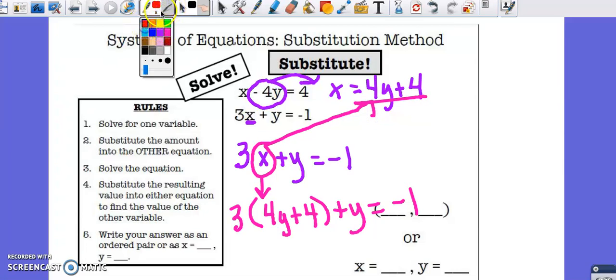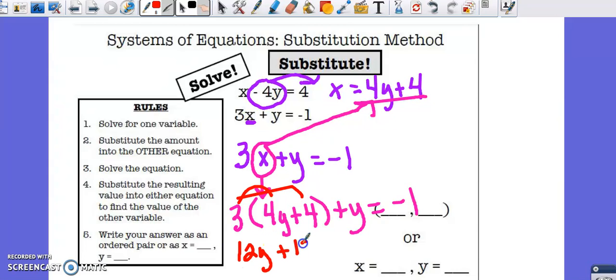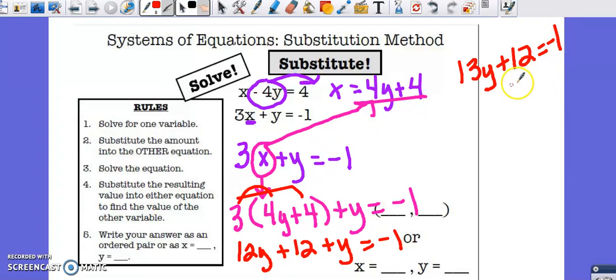Now, you can go through and just solve it normal. 12y plus 12 plus y equals negative 1. Combine like terms, and you will have 13y plus 12 equals negative 1.